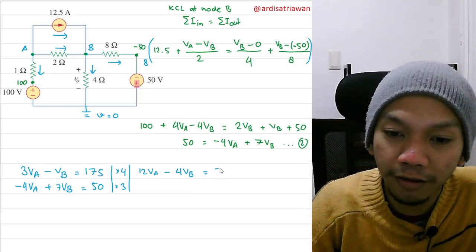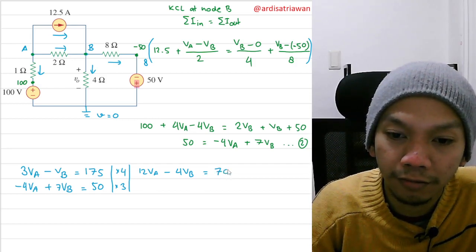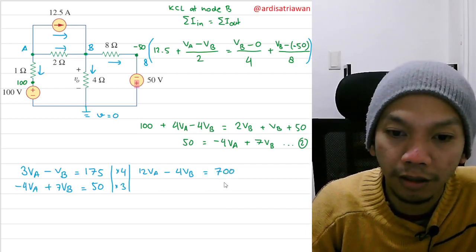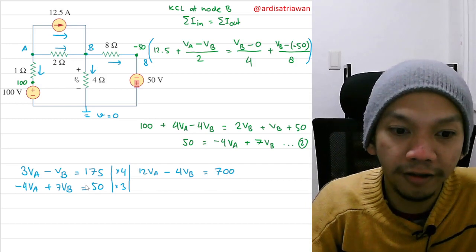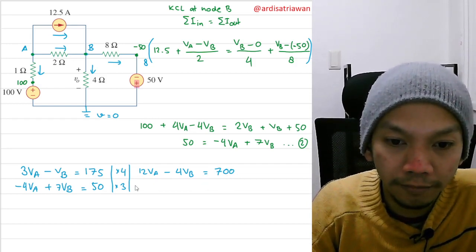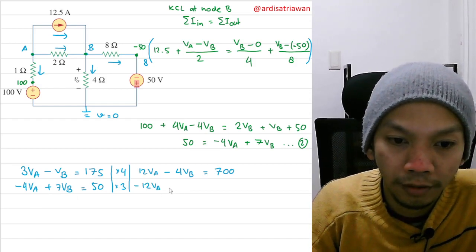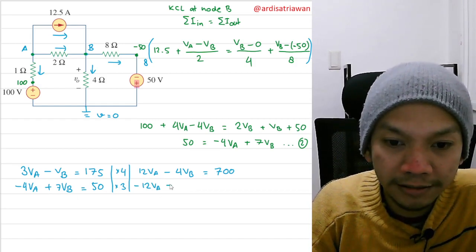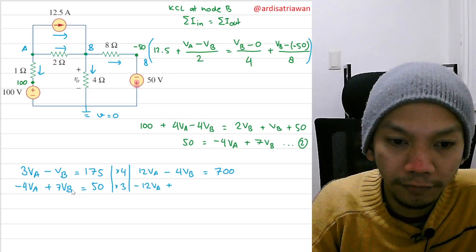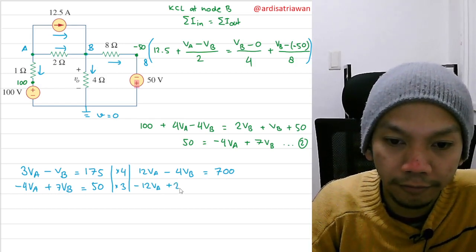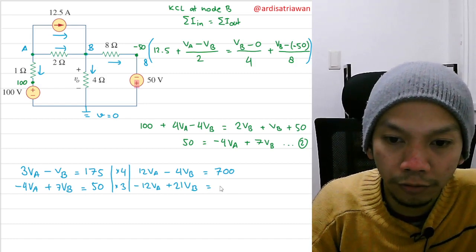I think that it will be 700, right? Yeah, hopefully I did not make a calculation mistake. And then this one, minus 12 VA, and then plus, I think this will be 21, right? 21 VB, and that will equal 150.